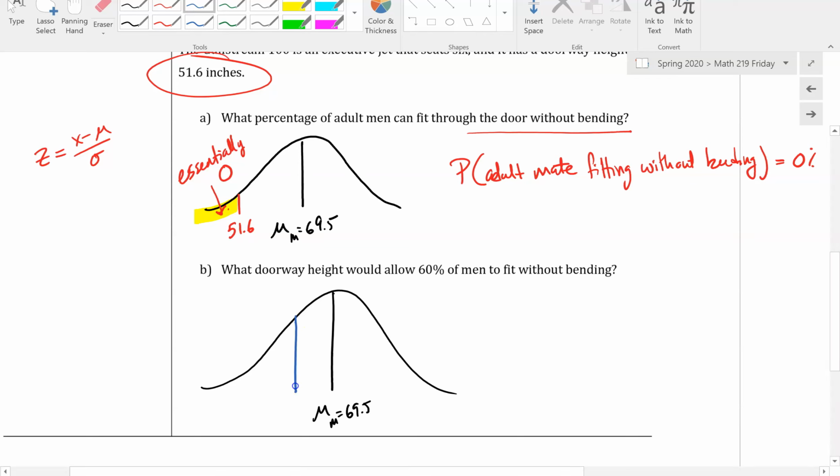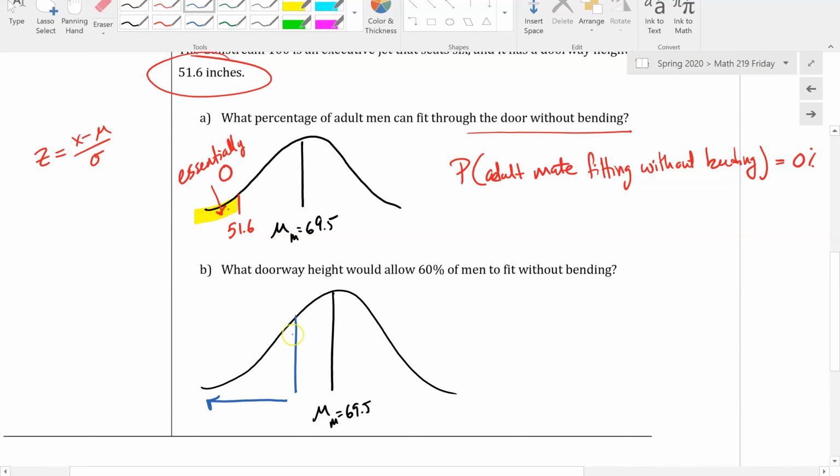That height wouldn't be here, because if the height was here, certainly not enough people shorter than that height could fit without bending. Whatever this mystery doorway height is, anyone shorter than that could walk through without bending. It'd be anyone taller that couldn't. They would have to bend over.